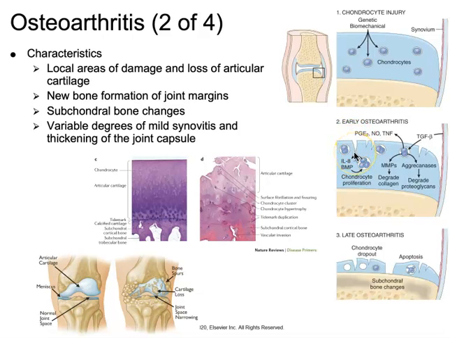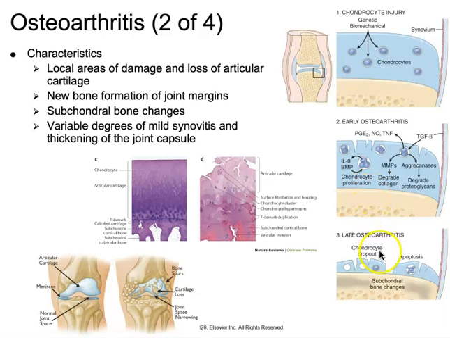Our cytokines like TNF and TGF beta and our MMPs and nitric oxide are going to contribute to this cartilage damage. And we may have some chondrocyte proliferation to try and repair the damage and fix the matrix, but we do see that it gets outpaced by the damage and the degradation.